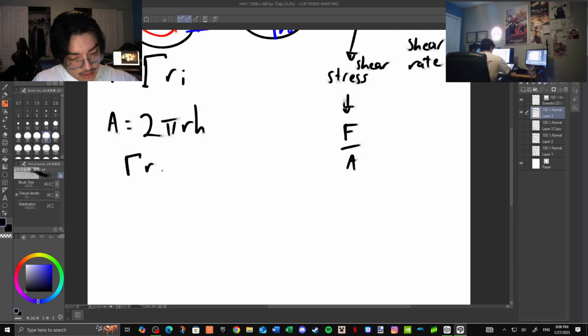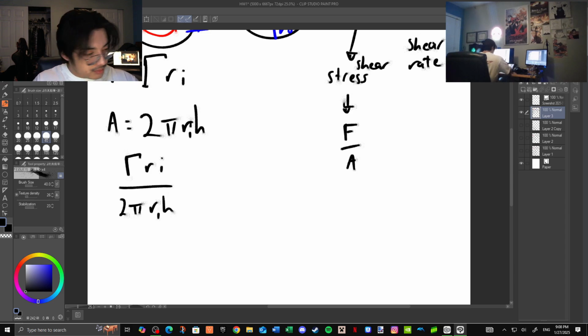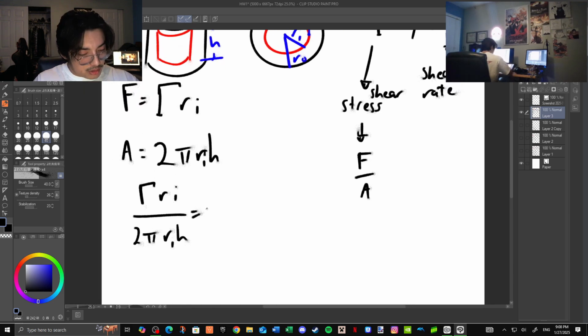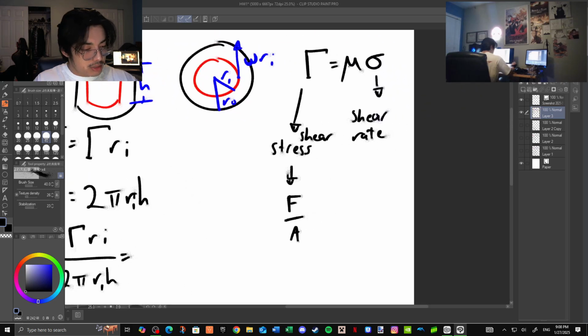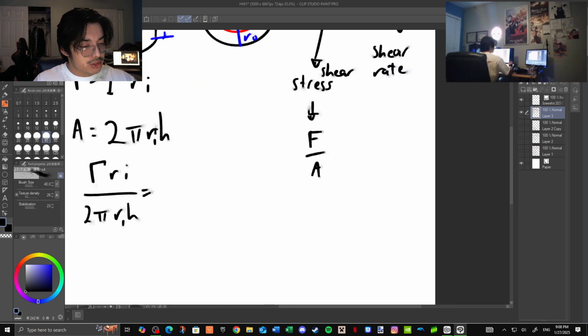And so we can rewrite that initial expression we wrote. This will be Ri. And so we can also modify this side of the equation. So viscosity will stay the same. And then we'll change shear rate. The top of the fraction will be dv theta.